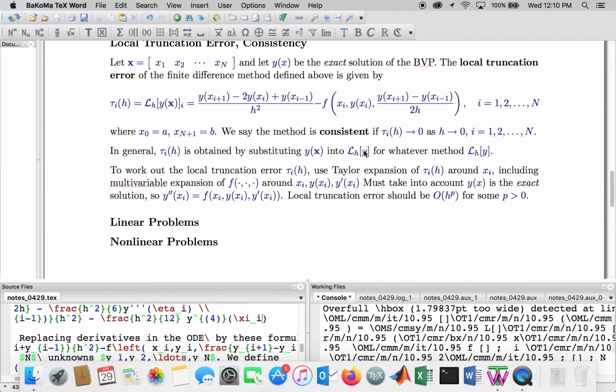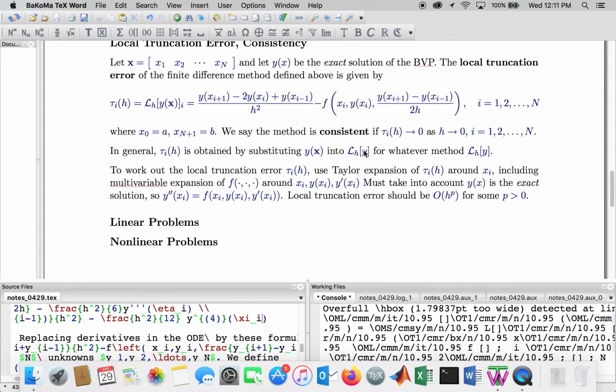But it's a similar general concept: the method is stable provided that if there's a small change in the problem data, such as the boundary conditions, then that does not lead to a large change in the solution. And also, whatever change there is can be bounded independently of the spacing h. Again, just like for initial value problems.